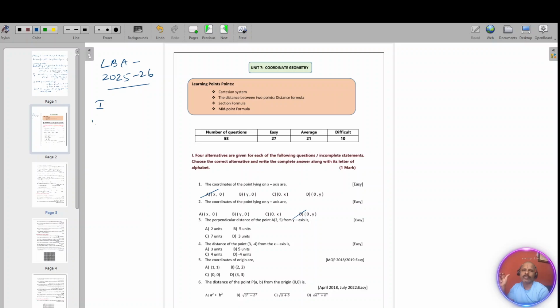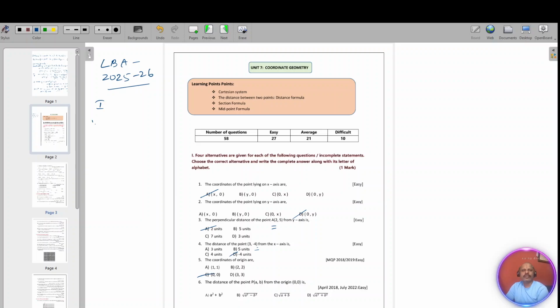So the x coordinate value is 2 units. In other words, distance of a point from the x-axis means you have to say the y coordinate value, that is -4.